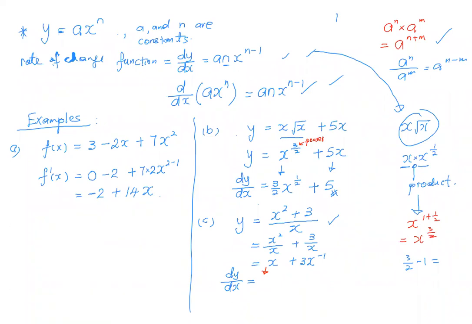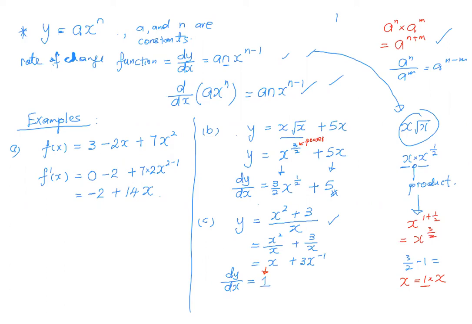When I write x, it means 1 times x. That means as x increases 1 unit, y also increases 1 unit. So what is the dy dx for x? 1. 1, you are right. So I write there 1.